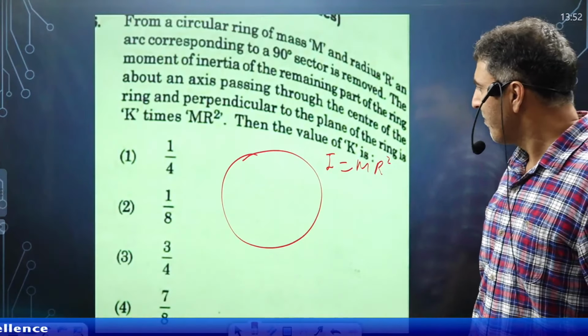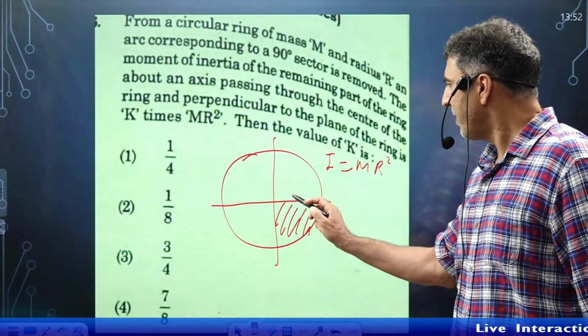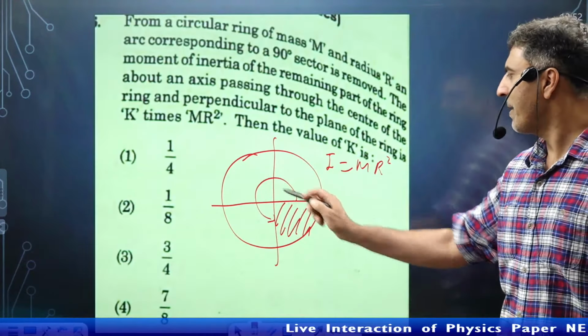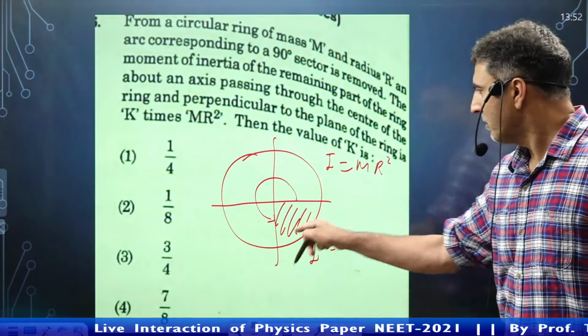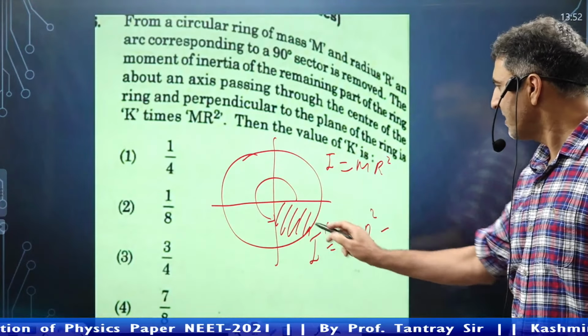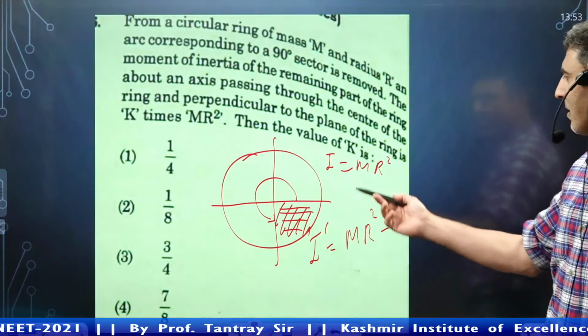Now what we do is, you cut one piece and find the moment of inertia of the remaining 3 pieces. What is the moment of inertia of the remaining 3 pieces? I prime is equal to the total moment of inertia, that is mr square, minus the moment of inertia of this piece. That is how much?